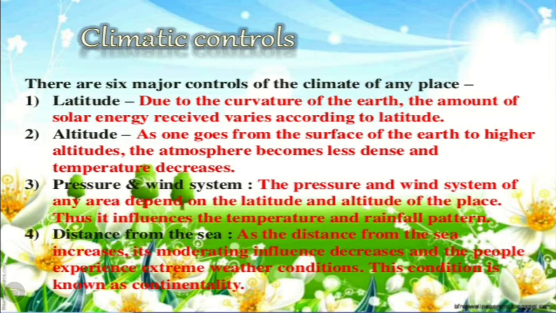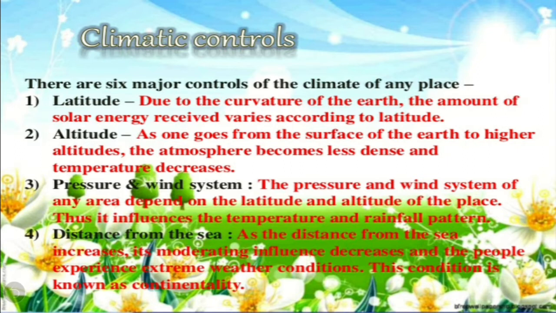So, here it is clear that the pressure and wind system of any area depend on both the factors together, latitude and altitude of any place, and it also influences the temperature and the rainfall system. Then the next is distance from the sea.